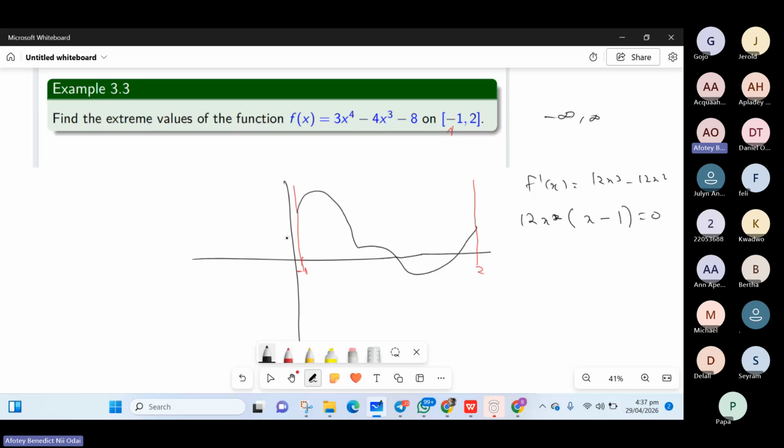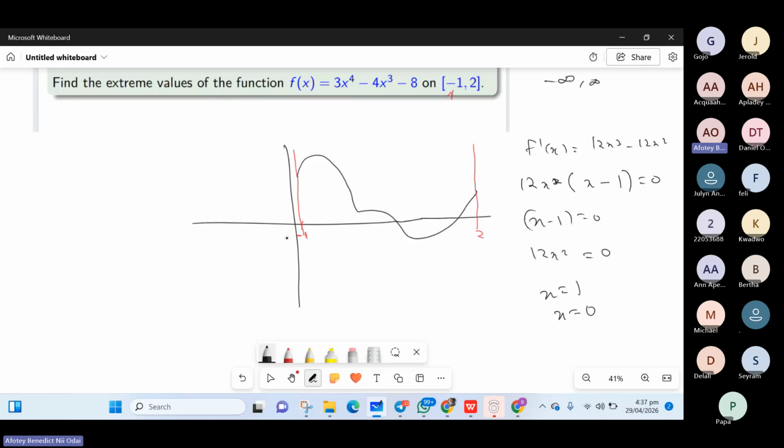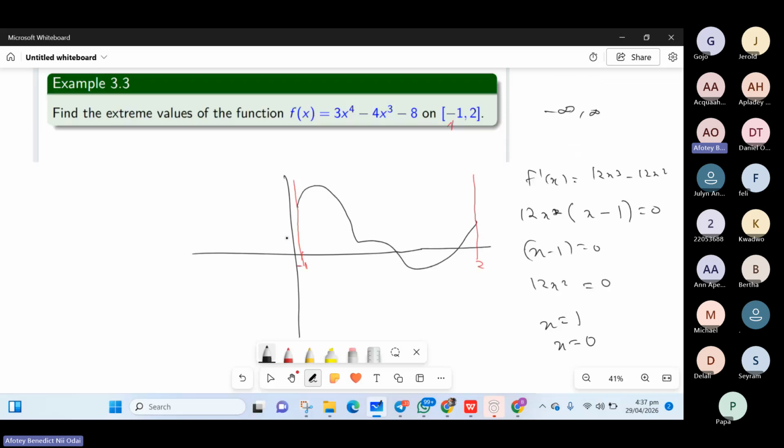So the points are when x minus 1 is equal to 0, and when 12x squared is also equal to 0. So we have the critical points as x is equal to 1, and of course, x is equal to 0.